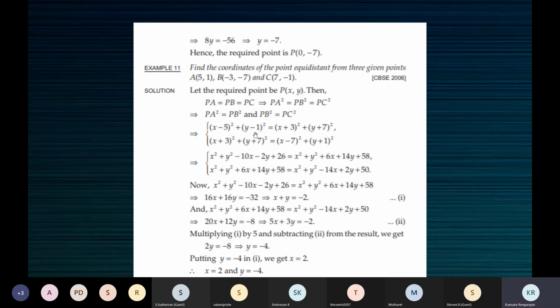Now tell me for y minus 1 the whole square, Muttuvel. Ma'am, y square minus 2ab, 2 into y into 1, plus 1 the whole square, b square.